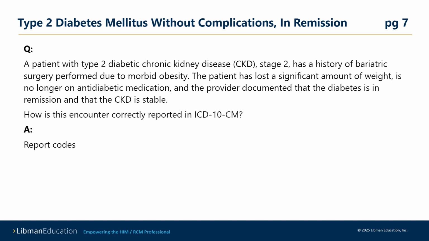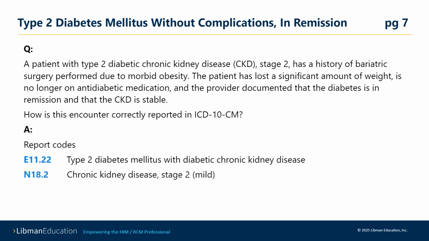Coding Clinic advises to report codes E11.22, type 2 diabetes mellitus with diabetic chronic kidney disease, and N18.2, chronic kidney disease, stage 2, mild. Coding Clinic explains that although the provider documented diabetes in remission, this patient has chronic kidney disease associated with diabetes mellitus.